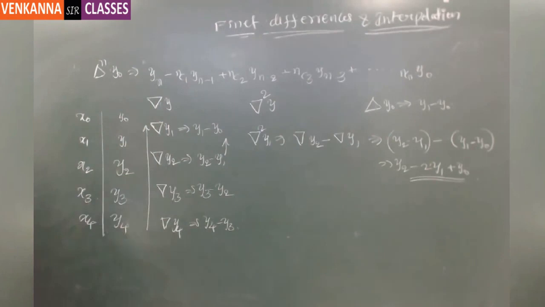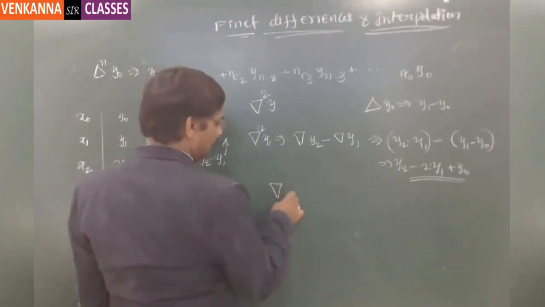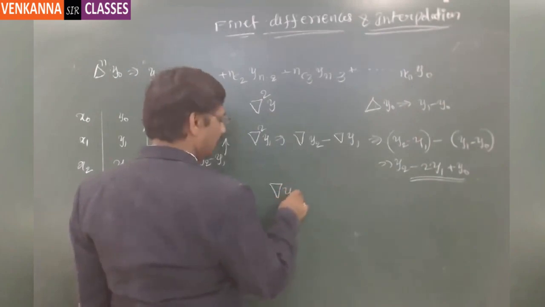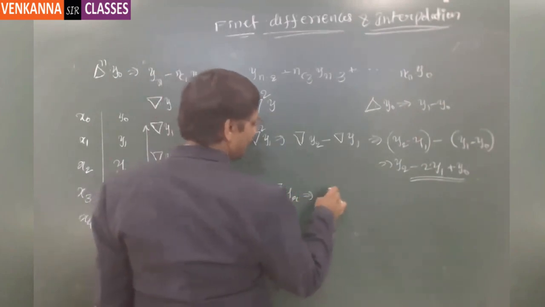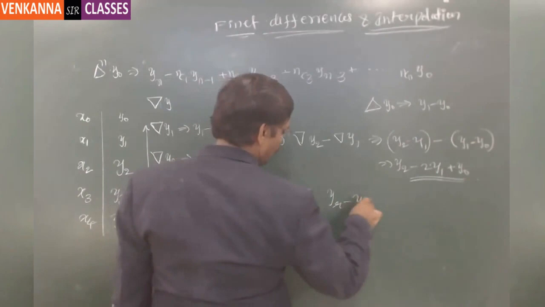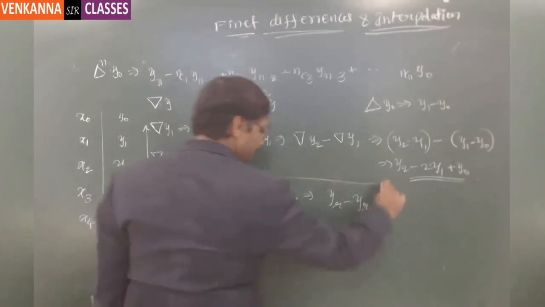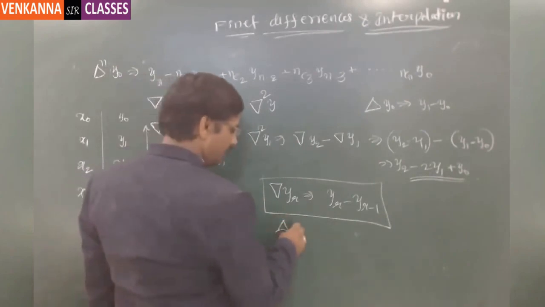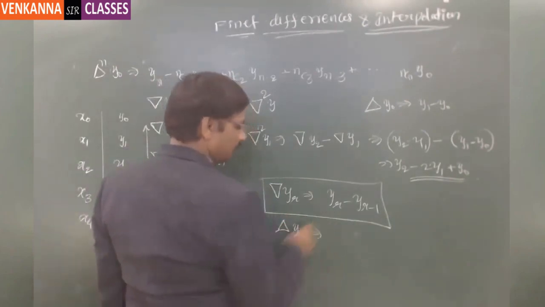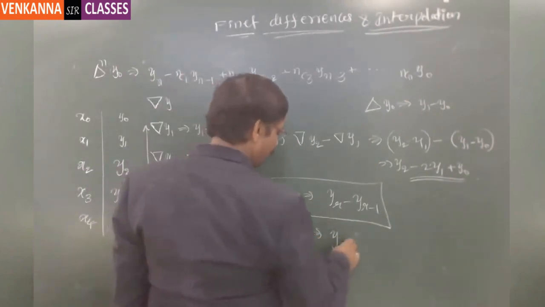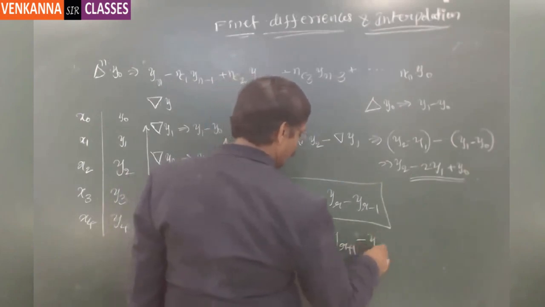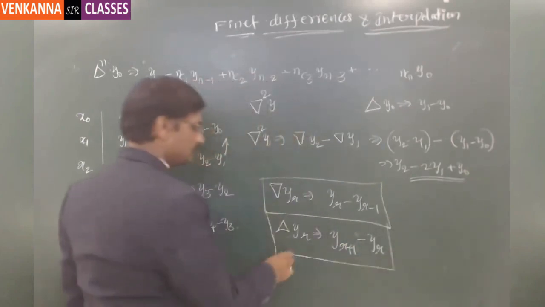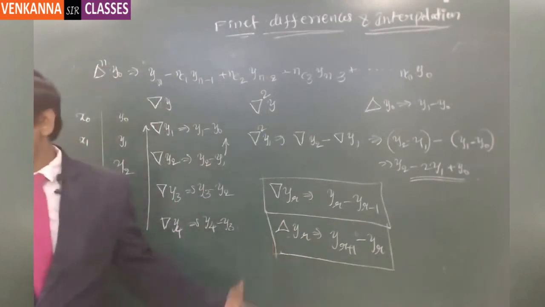So this is how you can express exactly the same thing but operated from bottom to top rather than top to bottom. Here the general term is going to be: del of yr can be expressed as yr minus yr minus 1. So this is the del operator. In case of the forward difference operator, del of yr can be expressed as yr plus 1 minus yr. So this is how the general term is different.